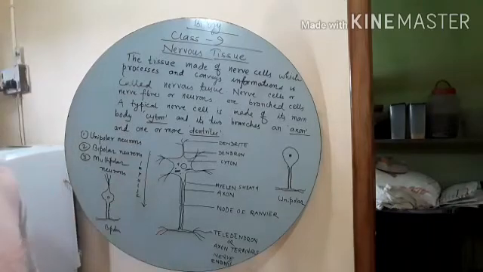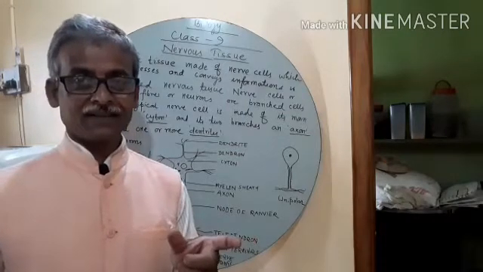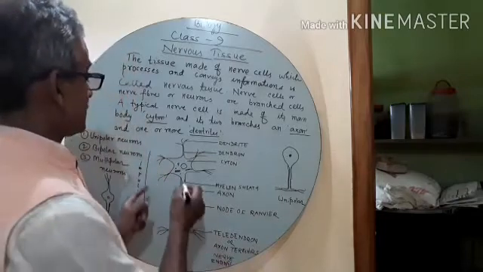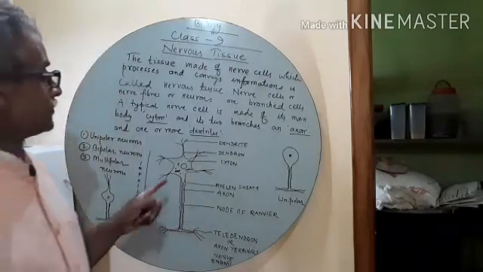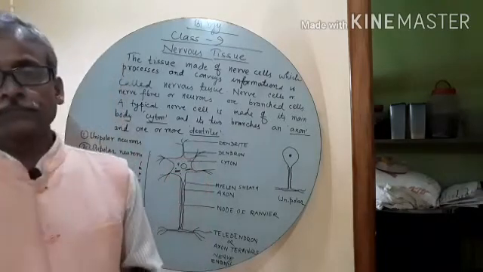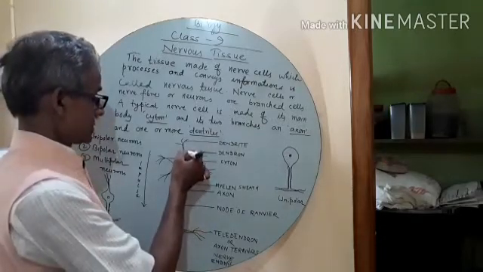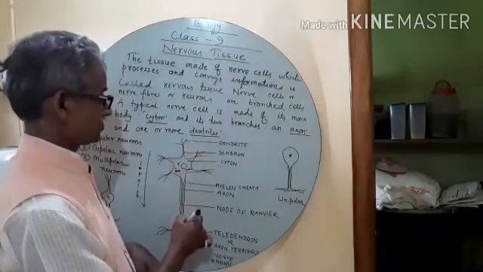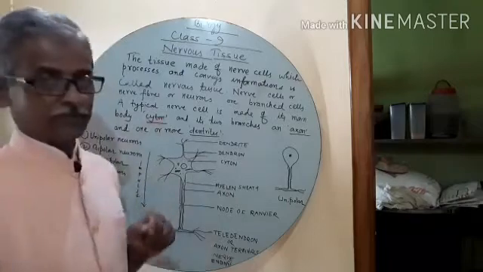And this is done with the help of electrical impulse. That electric impulse moves in the nerve cell from cyton to axon, or from dendrites to axon through the cyton.